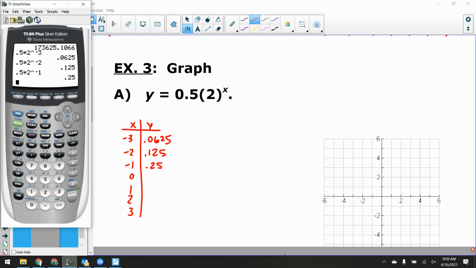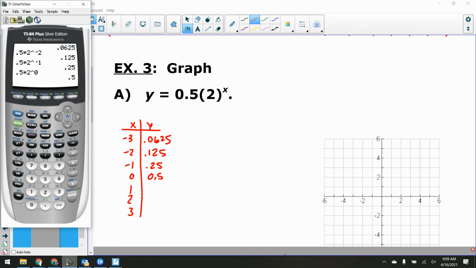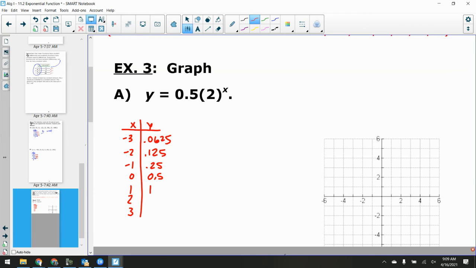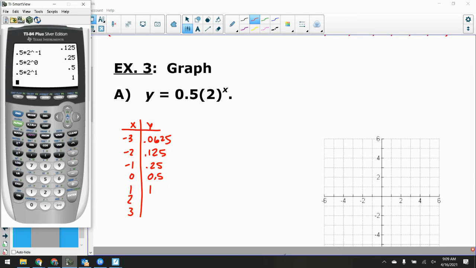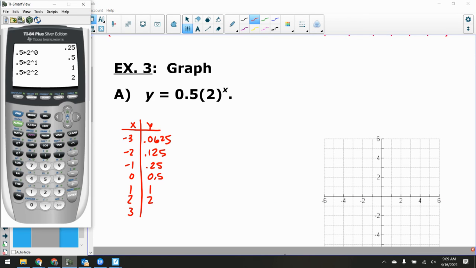To the 0 power gets me 0.5. To the first power gets me 1. To the second power gets me 2. To the third power gets me 4.